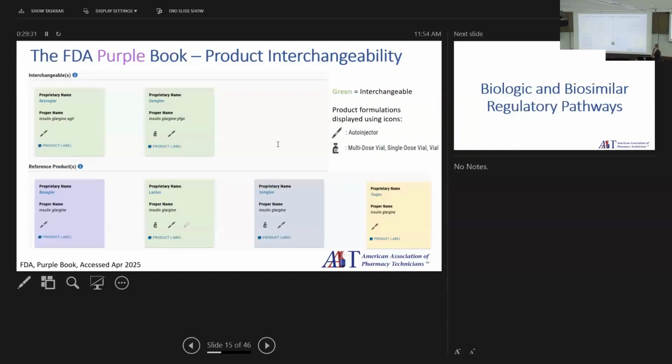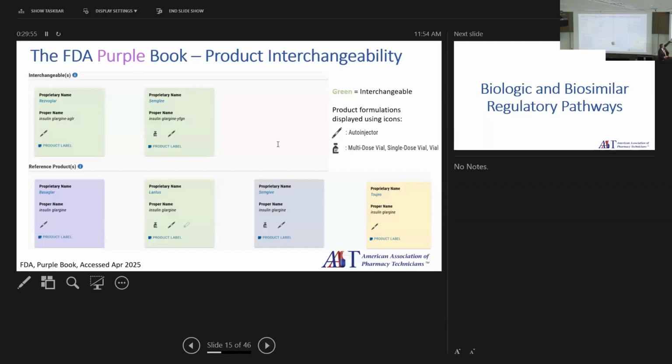The way it may appear a little bit more washed out in the main presentation compared to up here, but you can see that anything that results in the same color as insulin glargine, so you can see that Semglee, Resviglar, and Lantus are all green, so those are all interchangeable with one another. We could interchange those products at the pharmacy without needing to notify the provider.